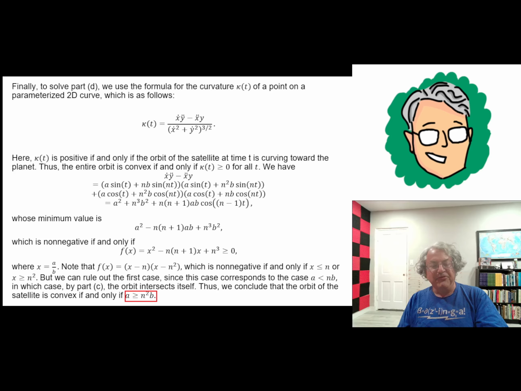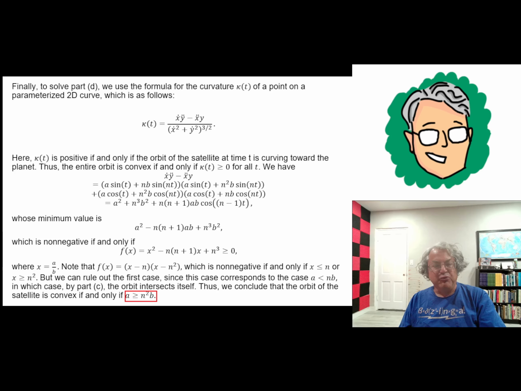And this is pretty easy. It turns out that you can factor f of x as just x minus n times x minus n squared. And this is positive if and only if x is either less than n or greater than n squared. But we don't care about the case x less than n, that a over b less than n. That's a less than nb.